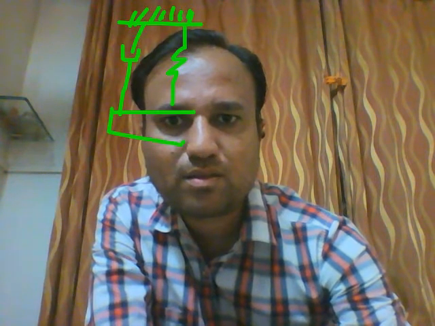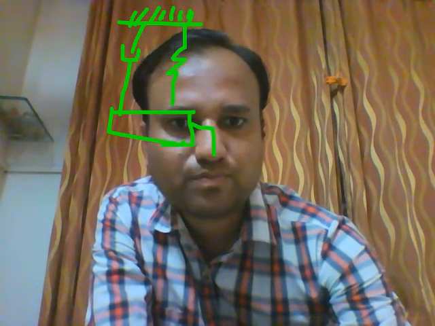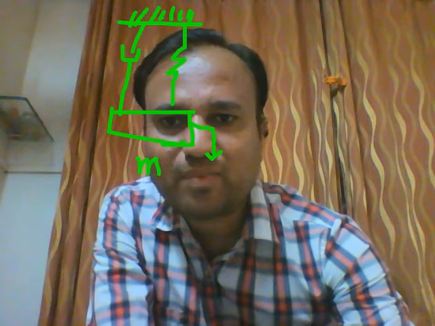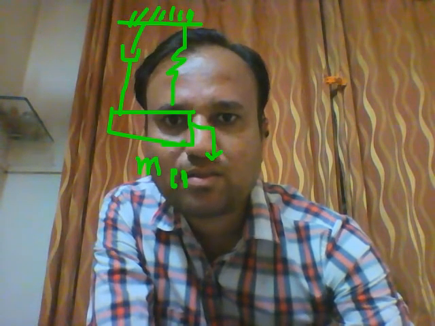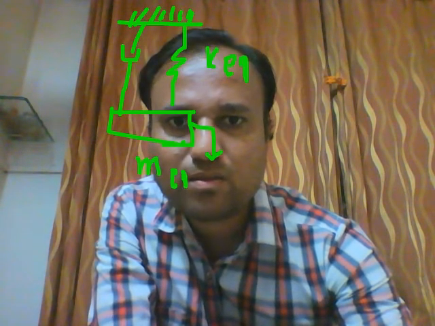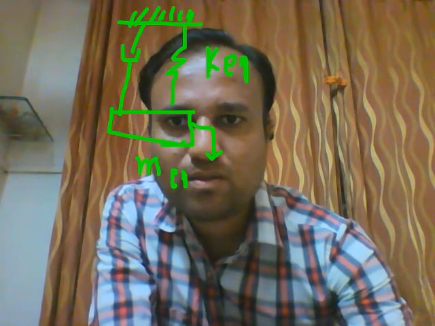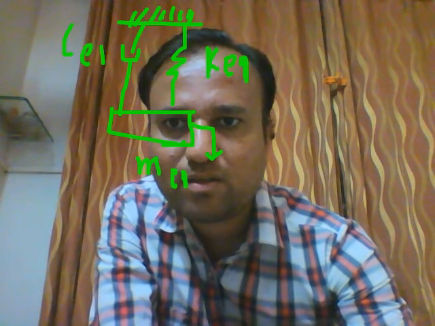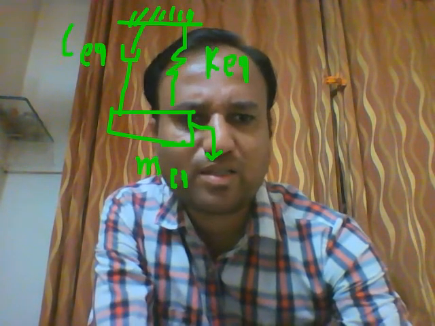So student, first the x coordinate system. For example, let M equivalent, K equivalent student, and C equivalent. A simple equivalent system.